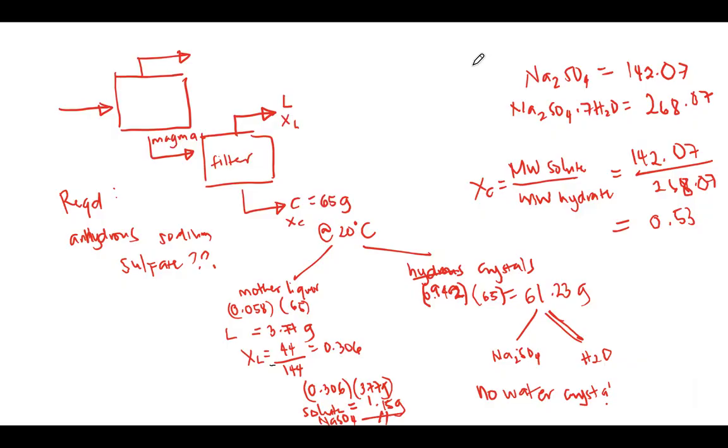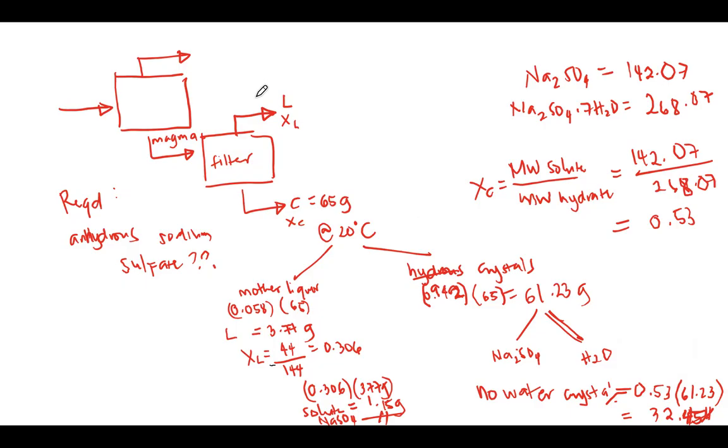This is equal to 0.53 times 61.23. So this is 32.40. Sorry, 32.45. So in total, we're not yet done.